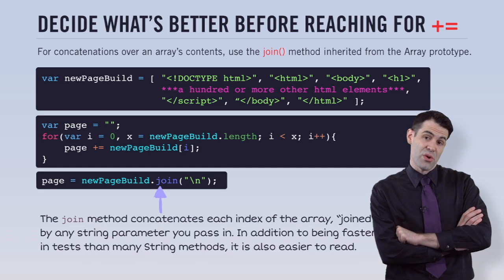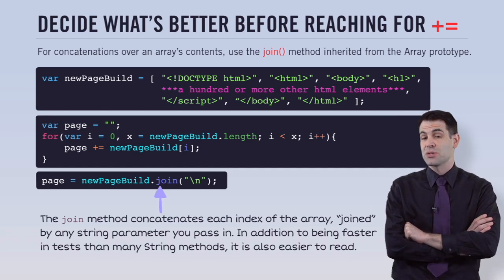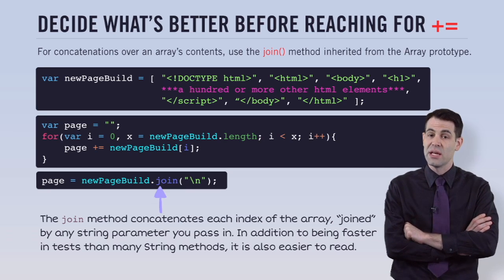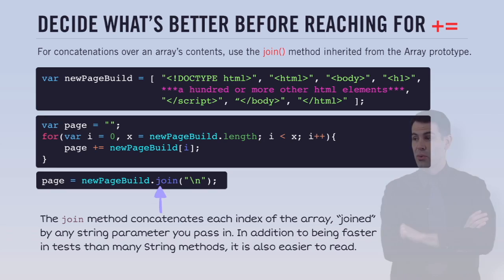When your strings are in an array, this method is going to be extremely faster than using that concatenation operator over and over again in most of the tests that we've designed for it. Also, it's a little bit easier to read because a developer can understand exactly what you're doing rather than trying to figure out what your loop is trying to accomplish.